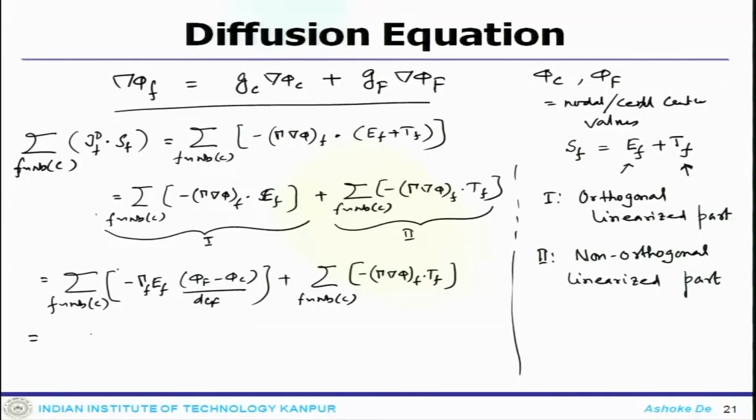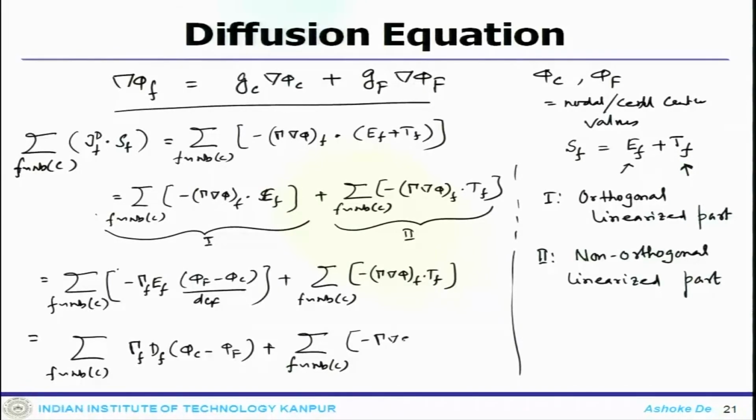Then we again simplify the first part, and what we get is gamma f df, phi c minus phi f, plus over all the faces we retain gamma del phi f dot Tf.